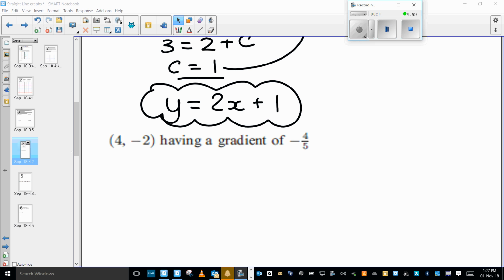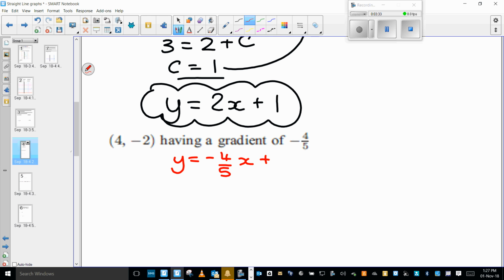Okay, so next one, again, we've been given a gradient and a coordinate. So, Jada, how am I going to start this off? What will I write? Lovely. Layla, what will I do now?